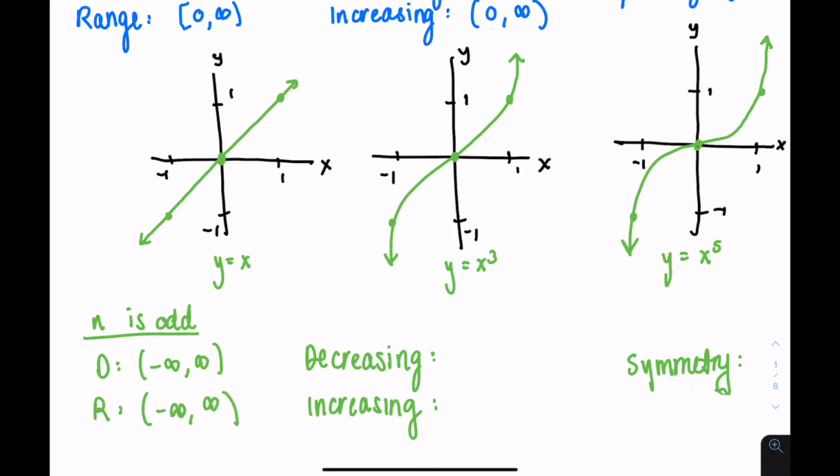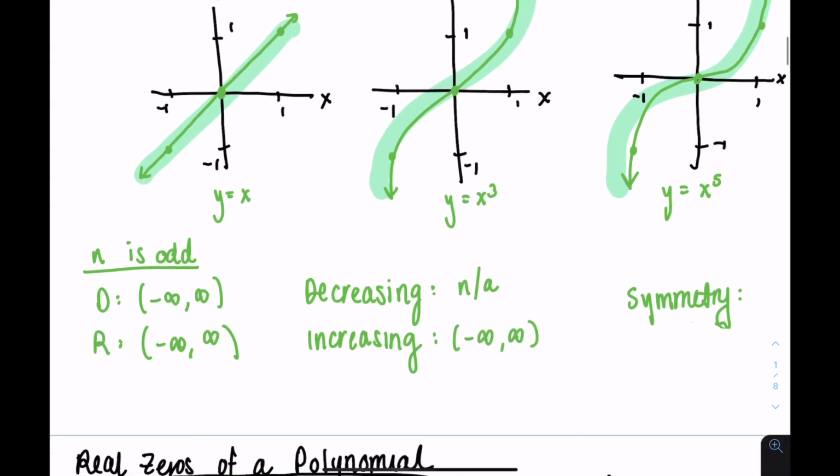In this case, you do get negative values, so your range is from -infinity to infinity. When you just have a 1 out front, the function's not going to be decreasing. It's always going to be climbing up in all of these instances. So it's actually increasing from -infinity to infinity. And because it is an odd function, it is going to be symmetric with respect to the origin.